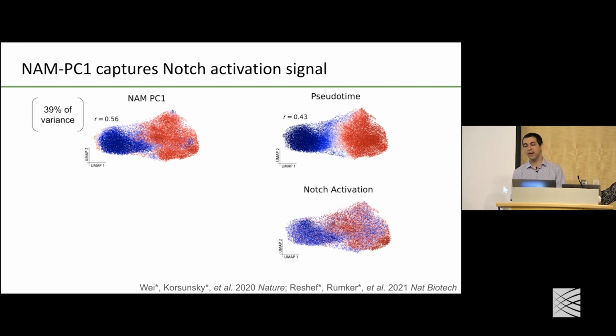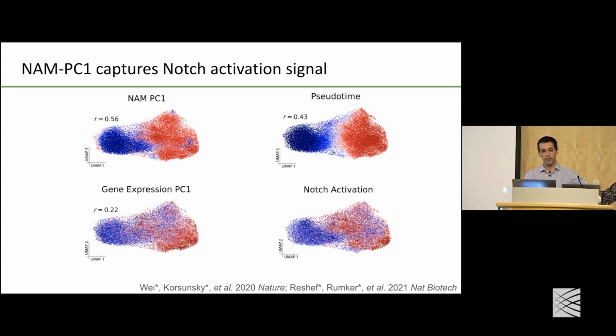And in addition to finding this spectrum, CNA also was able to prioritize it for us because it shows up as PC1, and PC1 was actually quantified by the PCA and CNA to explain 39% of the variance in the NAM, so 39% of the intersample variation in the data set. So CNA is telling us that this is a dominant axis of variation in the data.